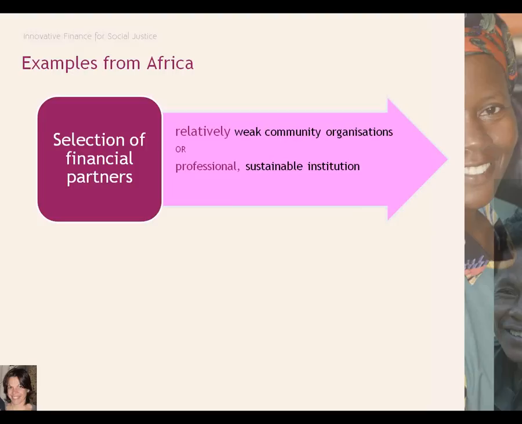So we try to achieve two objectives, but this may mean that the organization is not providing sustainable access to the youth, and in the long run it will be a waste of resources. We have seen an example like this here in Africa, and this is something that we would really try to stay away from. We really encourage to work with a sustainable organization, a professional organization, so that the long-term access to finance will also be available.